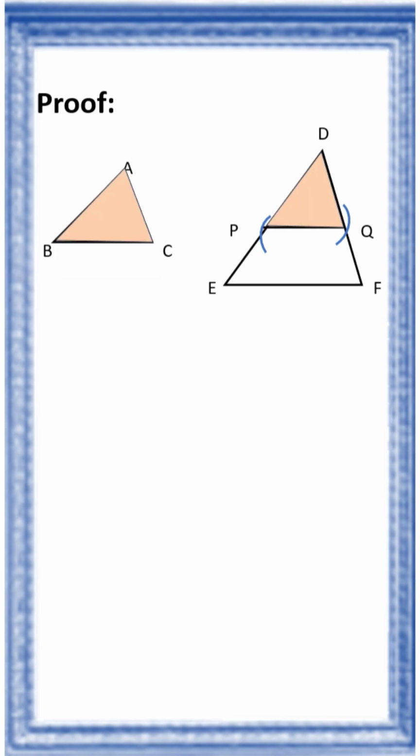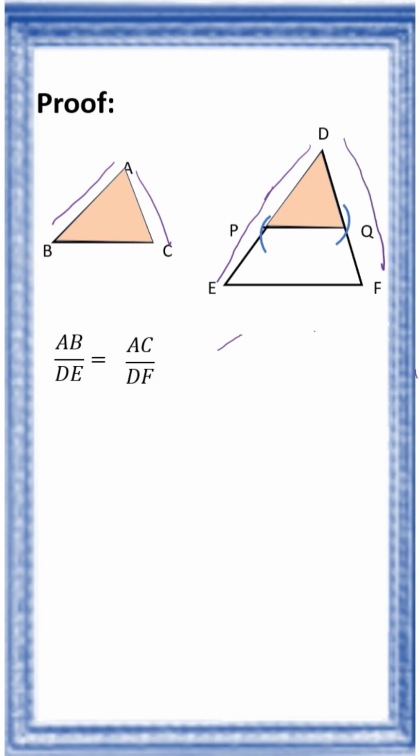Now we are given what? AB by DE is equal to AC by DF. Take only these two sides. And by construction we know that AB is equal to what? DP. So replace AB by DP.